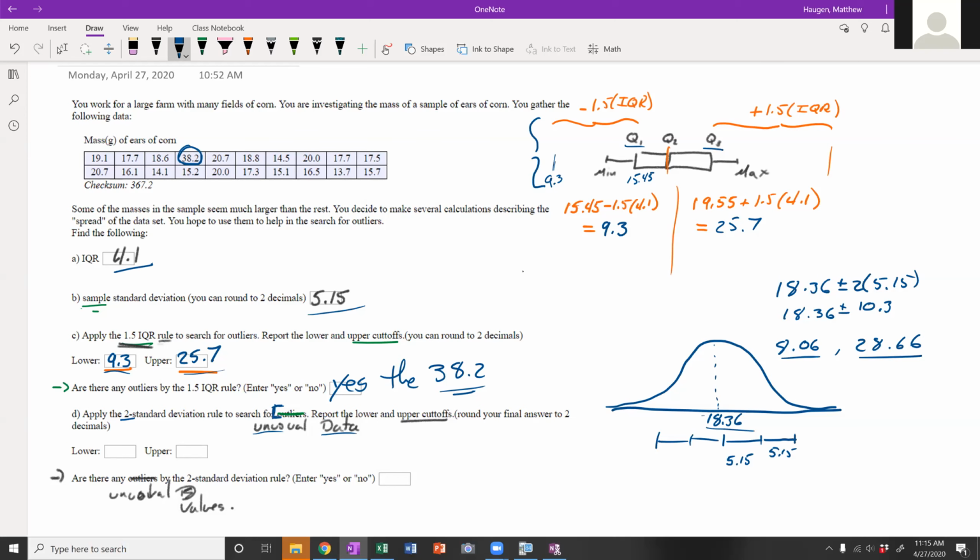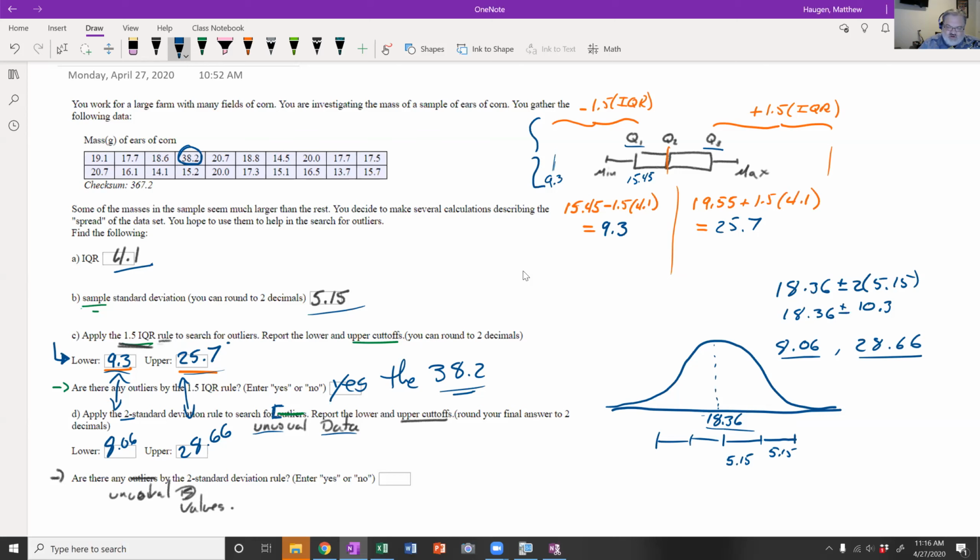All right. So our lower cutoff is 8.06, our upper cutoff is 28.66. And notice these numbers are different. They should be, they're using different rules. By default, if we talk about outliers, we mean this 1.5 interquartile range.